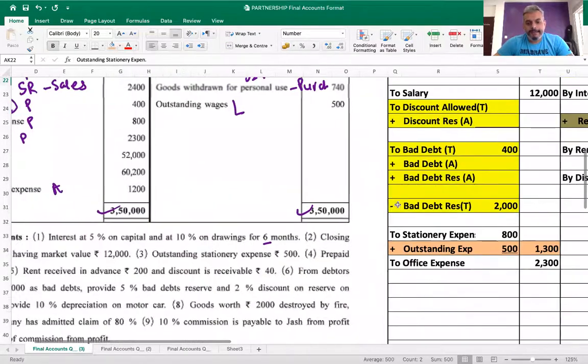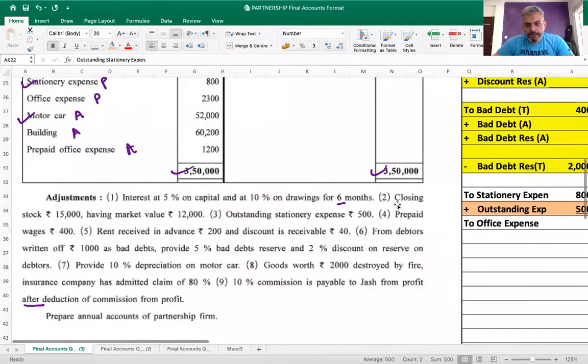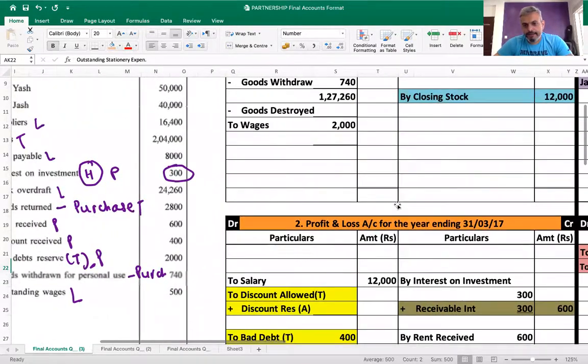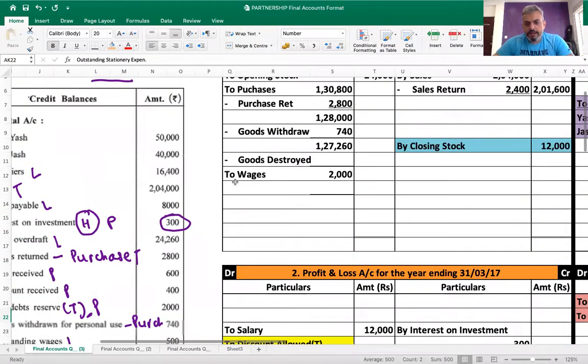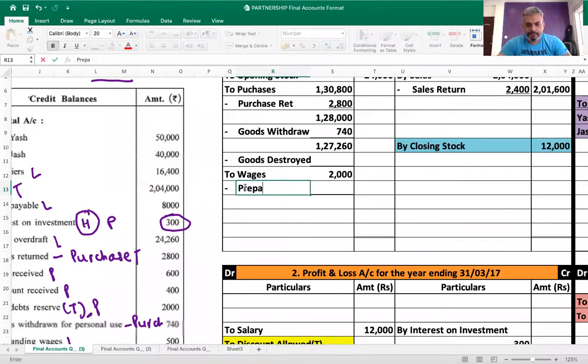Okay. Then prepaid wages 400. Anything you pay in advance, it is not your expense, it is your asset. So we deduct it from the expense and transfer it to our asset. So prepaid wages.